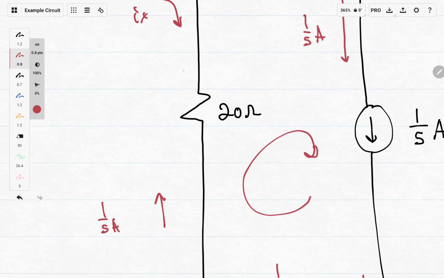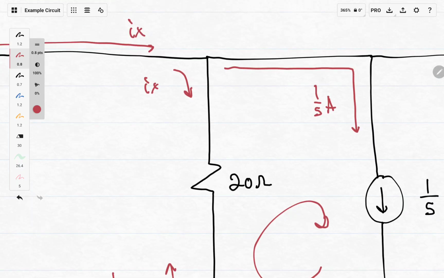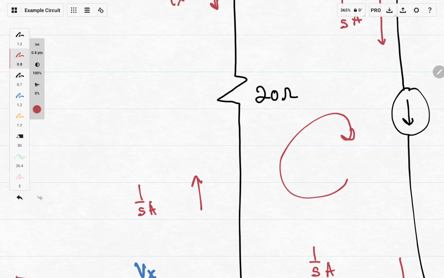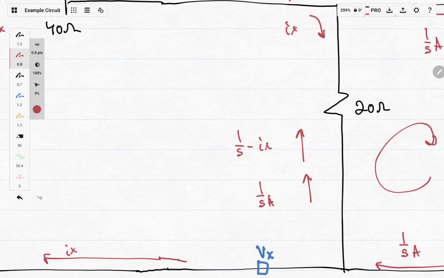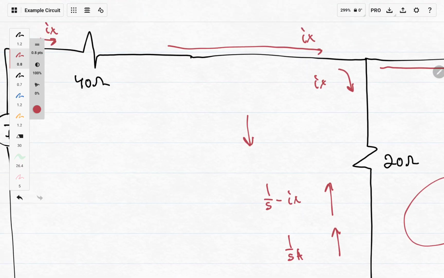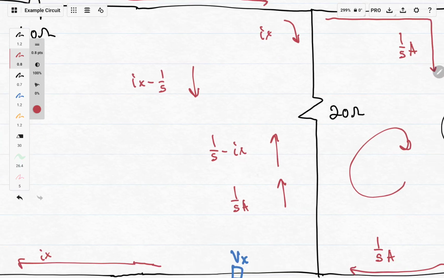Because there's two currents going in opposite ways, you can decide which way you want it to go. For me, I prefer making it go up. So it'd be 1/5 minus Ix because it's going the opposite way. You could also put it going down, which would be Ix minus 1/5. It's up to you.